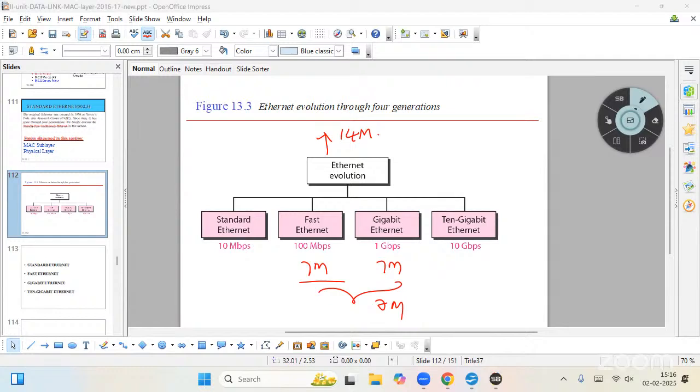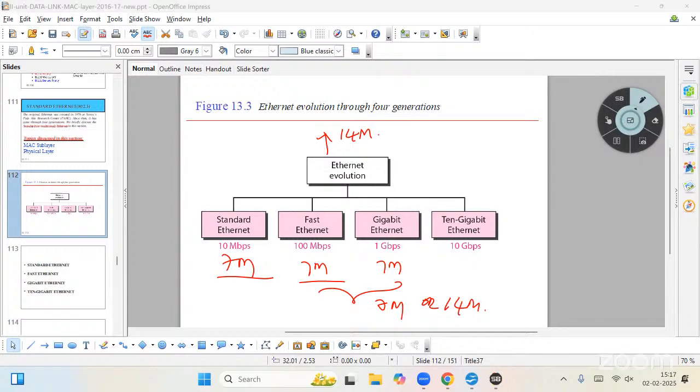Standard Ethernet sometimes comes under the 7 marks question. So here: standard Ethernet, Fast Ethernet, Giga Ethernet, 10 Giga Ethernet.